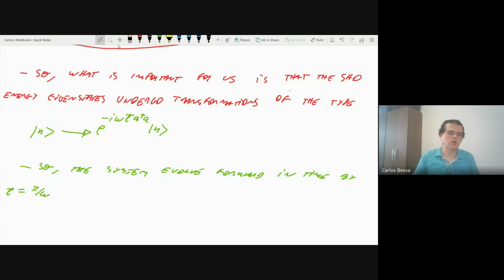So for intervals of t of this type, n is mapped by minus i, omega and omega goes out, so it will be e to the minus i pi a dagger a, applied to n.